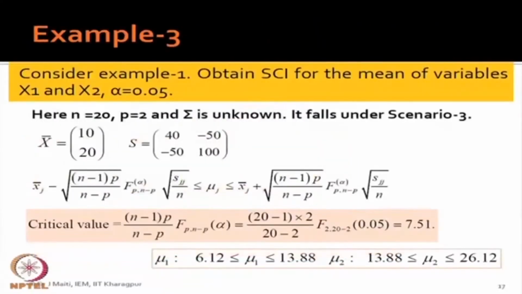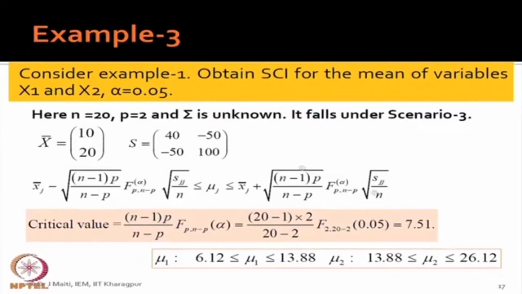You have to develop the simultaneous confidence interval for the mean of the variables x1 and x2, given alpha equal to 0.05. The answer is with you. How do you go about it?